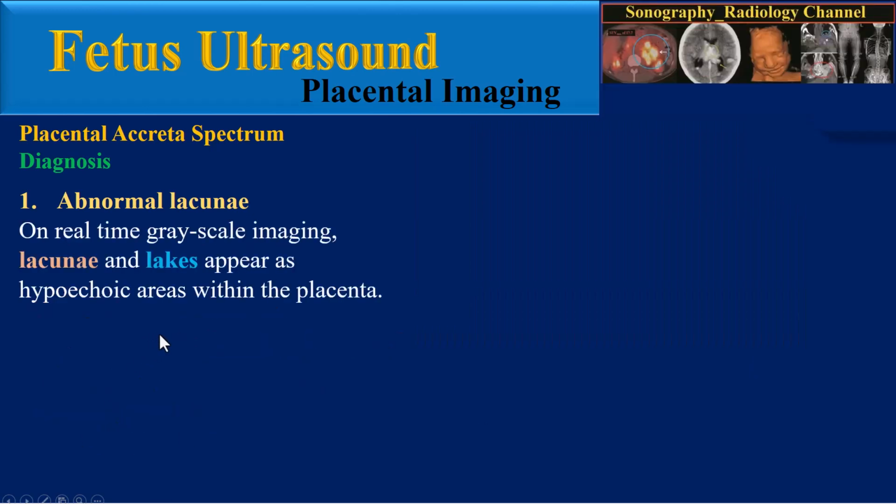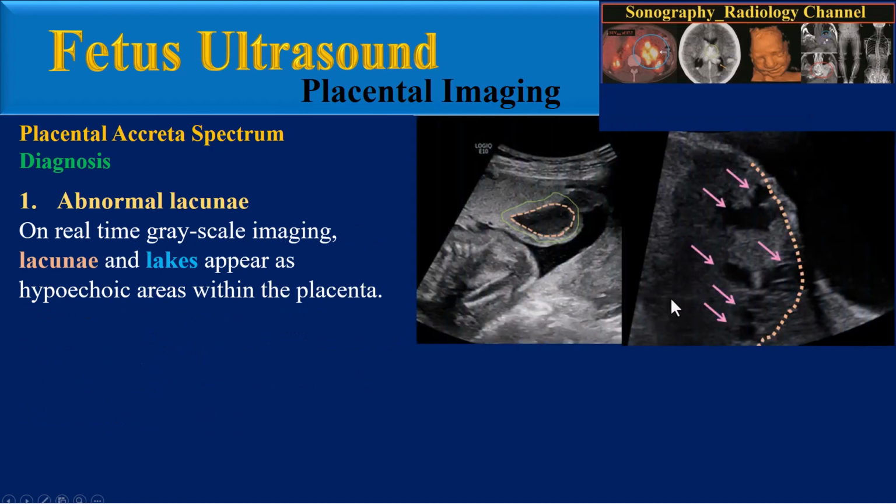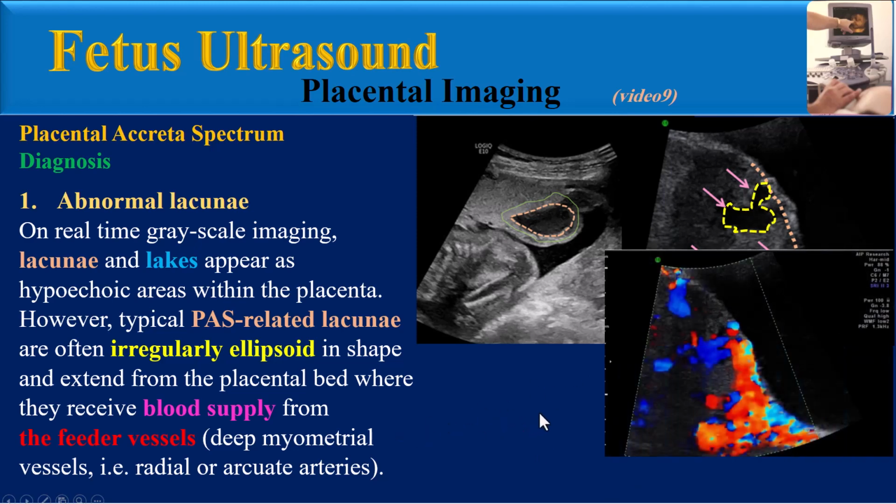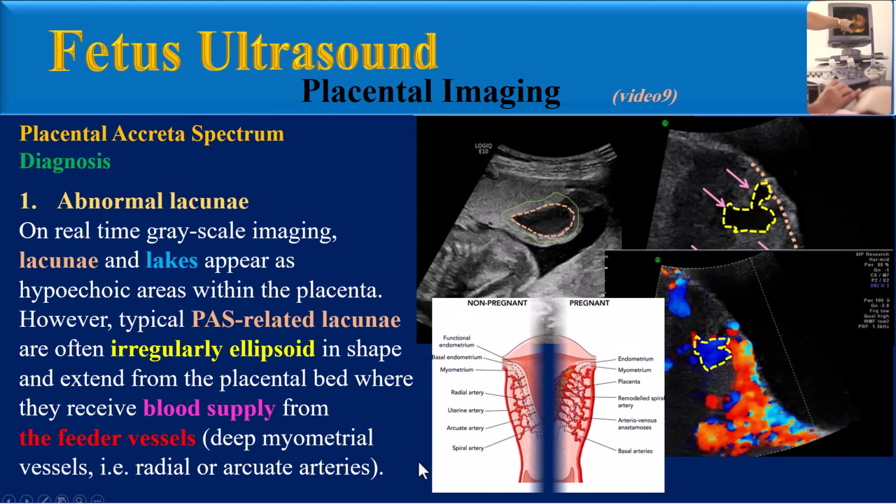On real-time grayscale imaging, lacunae and lakes appear as hypoechoic areas within the placenta. However, typical PAS-related lacunae are often irregularly ellipsoid in shape and extend from the placental bed, where they receive blood supply from the feeder vessels or deep myometrial vessels, that is, radial or arcuate arteries.